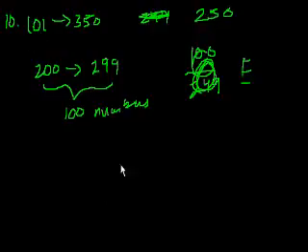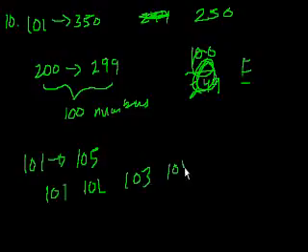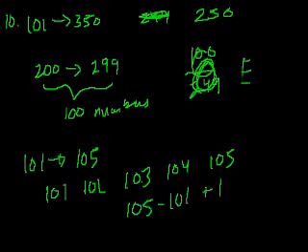Think about it. You have to make sure you get your boundaries right on these. If we said from 101 to 105, how many is this? This would be 101, 102, 103, 104, and 105. So it's 1, 2, 3, 4, 5. It's 5 numbers. So it's 105 minus 101 plus 1.